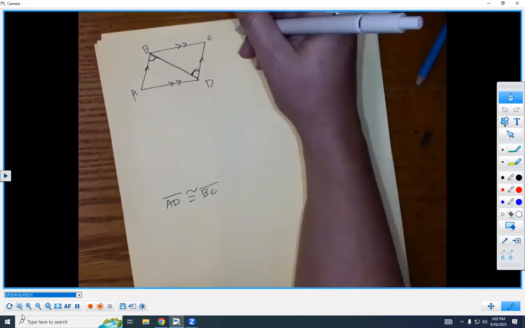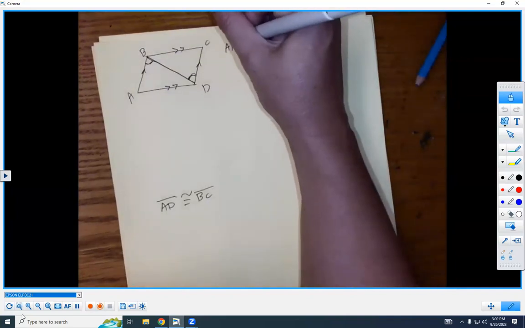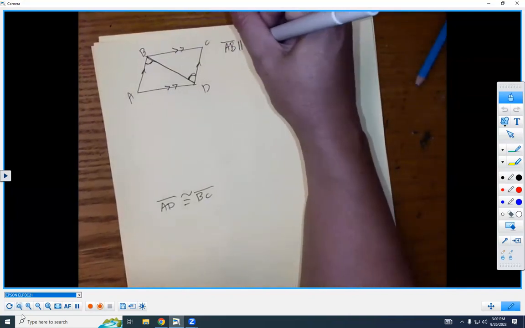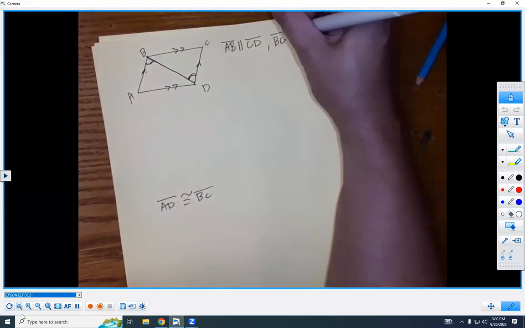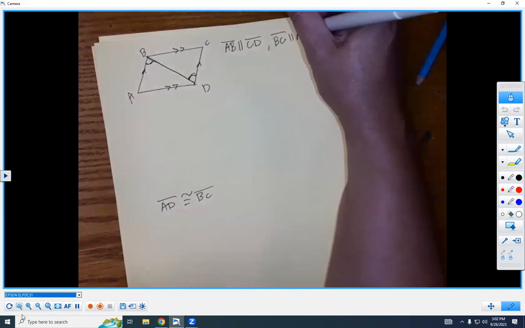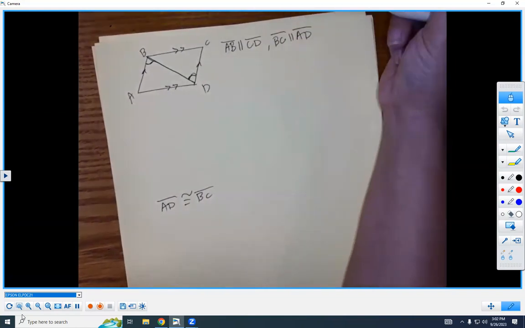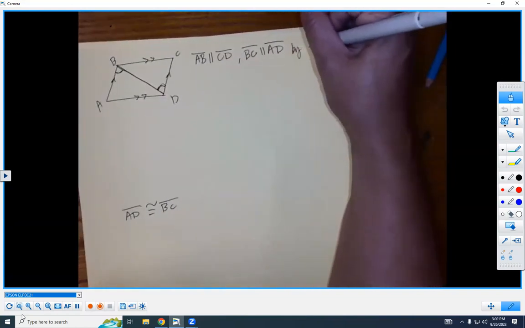So first of all, we need to say AB is parallel to CD and BC is parallel to AD. And that's by definition of a parallelogram.